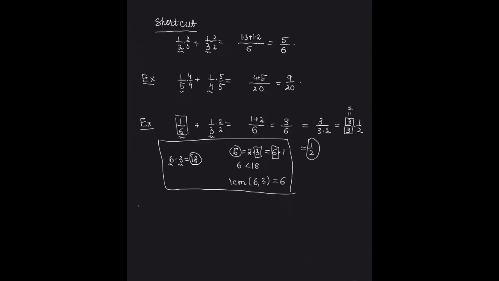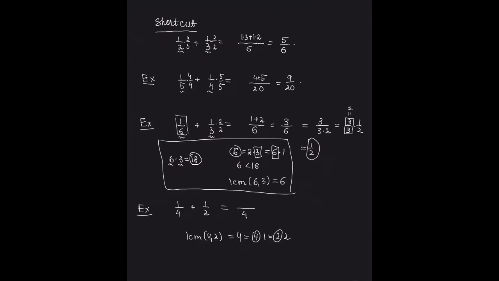So let's do one more example like this. So let's add 1/4 plus 1/2. So the least common multiple of 4 and 2 is just 4, because 4 is 4 times 1, and it is also 2 times 2. So 4 has a 4 as a factor and also a 2 as a factor.